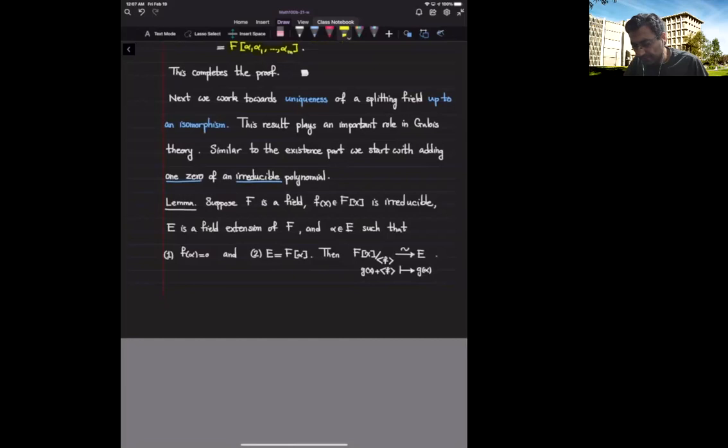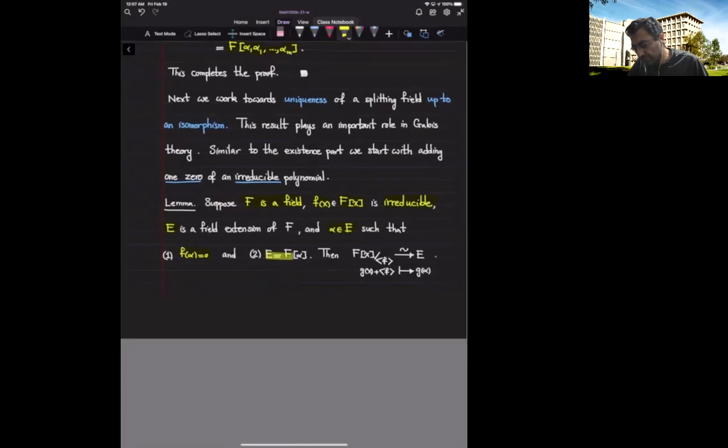So suppose f is a field, and I give you an irreducible polynomial with coefficients inside f. Now, if I happen to have a field extension E that contains a zero of this polynomial, and this field extension is generated by f and alpha, then this field extension is in fact naturally isomorphic to the one that we proposed earlier.